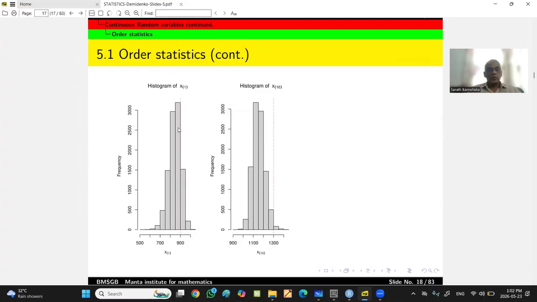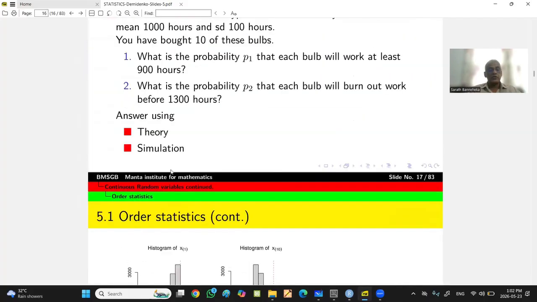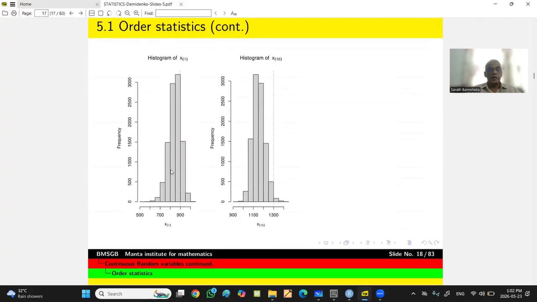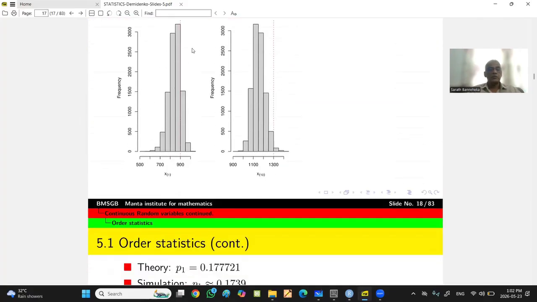Right. So we can find out the probability for the first question: what is the probability that the minimum is greater than 900? From this histogram, I can estimate that probability. 900 is here. This histogram is coming from 10,000 values.